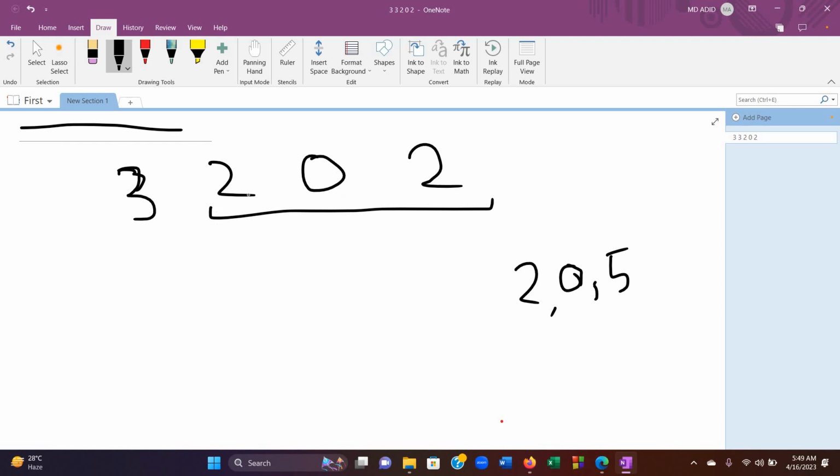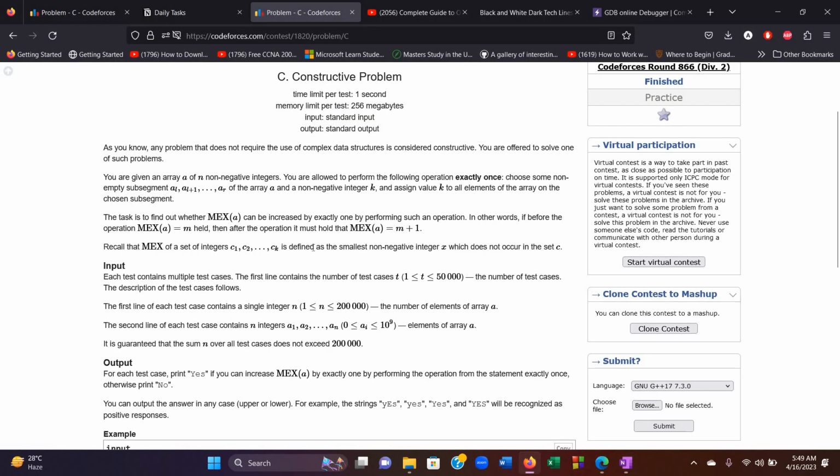So if I pick this subarray, as you can see, I could take any non-negative integer and replace it with that. The catch is that you can only apply this operation exactly once.